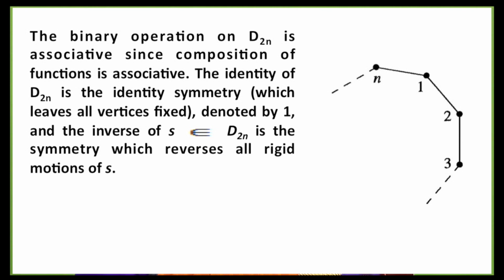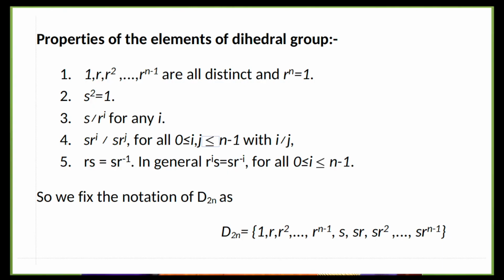Now, we are going to see the properties of the elements of the dihedral group. The first one is 1, r, r square up to r to the power of n minus 1 are all distinct and r^n is equal to 1. The second is s square is equal to 1. The third is s is not equal to r to the power of i for any i.